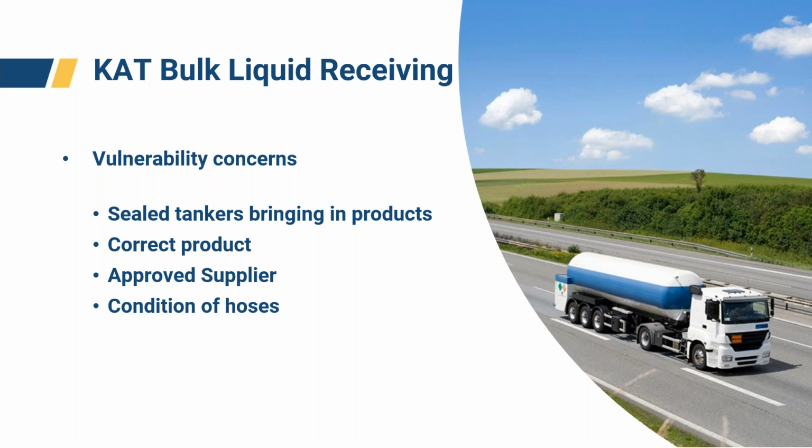Making sure it comes from an approved supplier is a key, obviously, to the Food Safety Modernization Act, and therefore it's a key to this part of the Food Safety Modernization Act, which is preventing intentional adulteration. And conditions of the hoses, which we've talked about in the past, as to what could be in the hose, whether it be something deliberately put in the hose, whether it be allergens, etc.